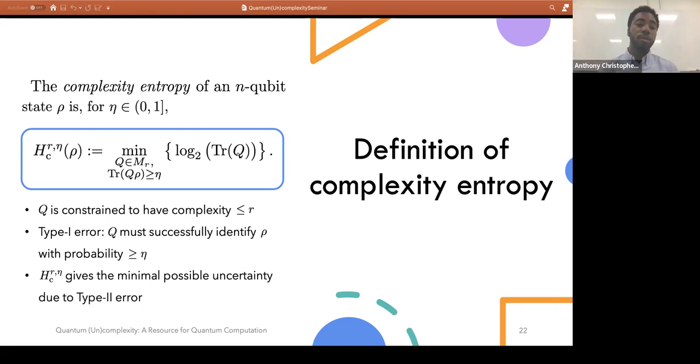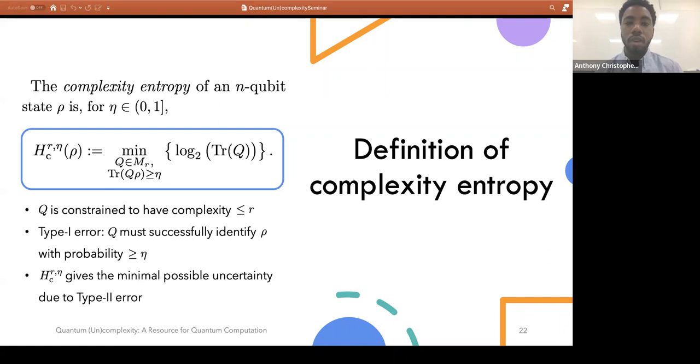No. So that's one of the interesting parts about this definition. You can see there are a couple of constraints we have in our minimization. First, that Q is in that set M sub R, and underneath that, we have that the trace of Q rho is greater than or equal to eta.